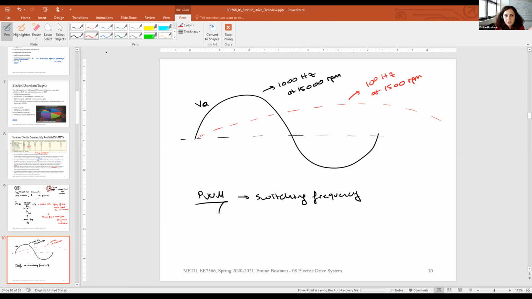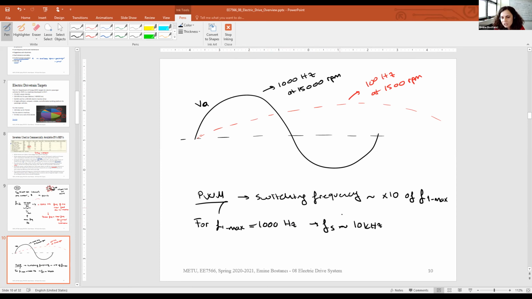We need a switching frequency of around, it is not a perfect rule, 10 times the maximum fundamental frequency. So if I have one kilohertz, then my switching frequency of the inverter should be around 10 kilohertz. So for F1 max of 1 kilohertz, Fs should be around 10 kilohertz.